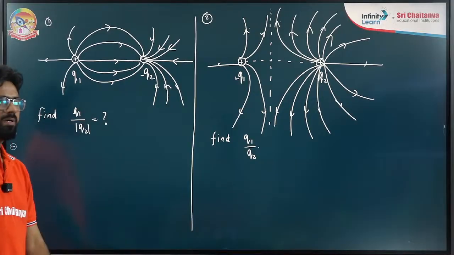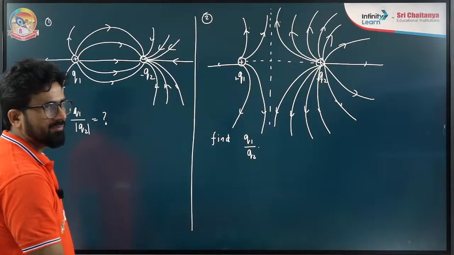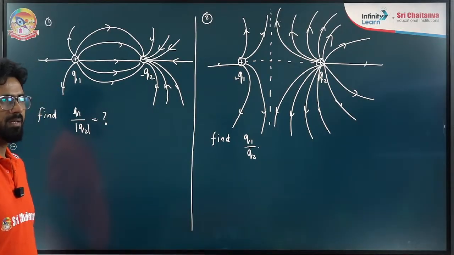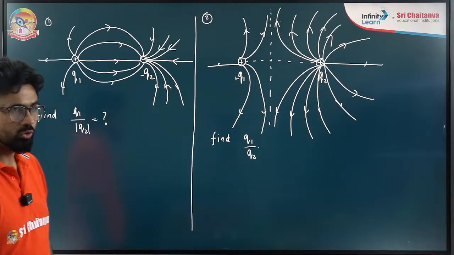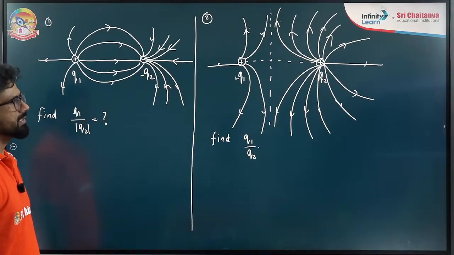Now we have to understand the first question and the second question. In the first question, Niharika, you gave the ratio, Q1 by Q2 is 2. How to calculate?